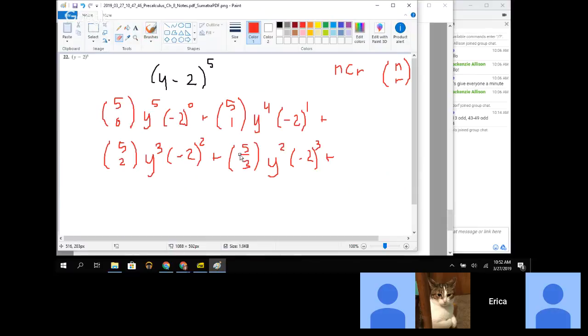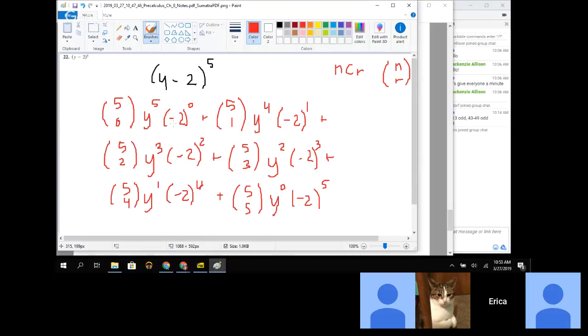Just have it. Plus 5 choose 4, y to the first, negative 2 to the fourth, plus 5 choose 5, y to the 0, negative 2 to the fifth. So once you simplify all of these things, right, you evaluate what 5 choose 0, 5 choose 1, 5 choose 2.